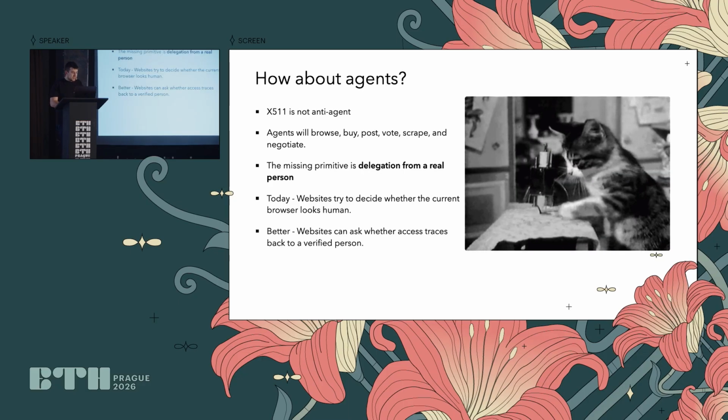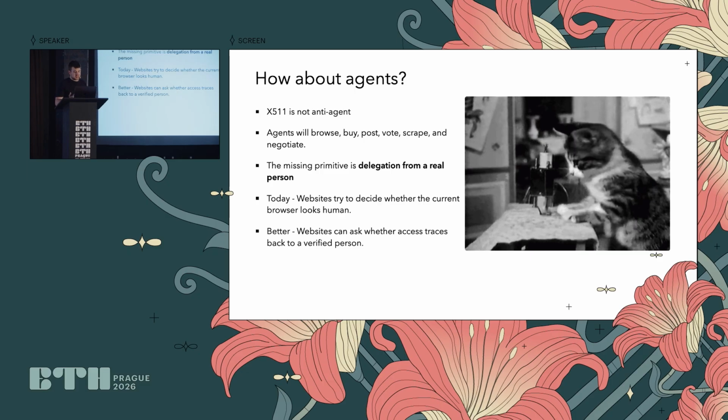And how about agents? Well, that's a very good question. We've been thinking about how to use agents with X511, and we iterated to the point that we don't want to be anti-AI agents, because agents can be super practical for many things. I personally use Hermes, I use OpenClaw for many things, and probably I could delegate my identity to browse, or send some emails, or do some negotiation on my behalf.